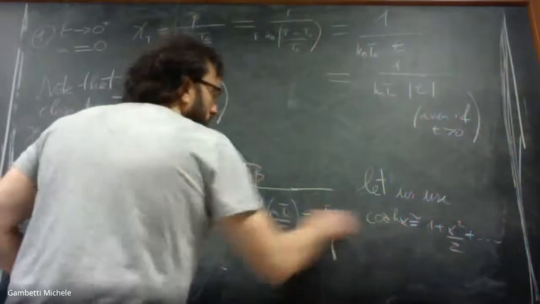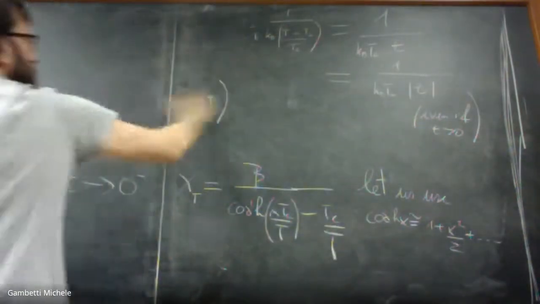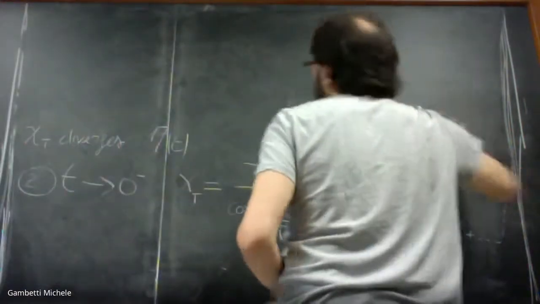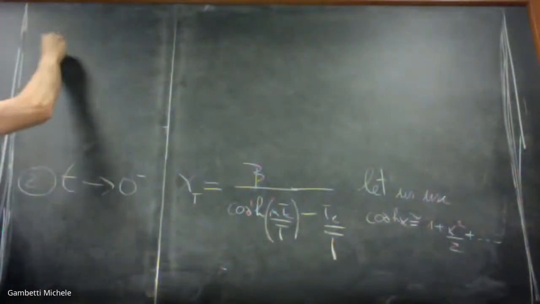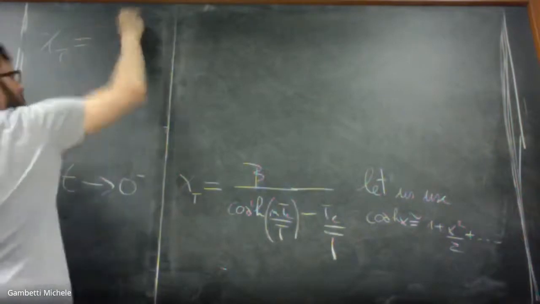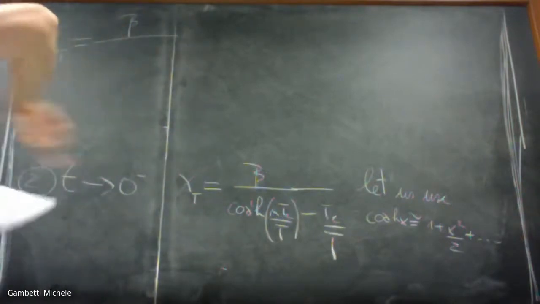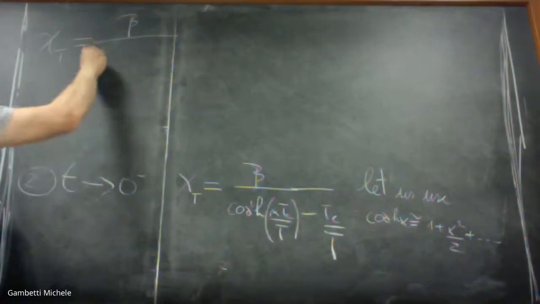Okay, so let's use this in here. So the chi of t would be something like beta, and now we use this fact. The first term, of course, is 1.